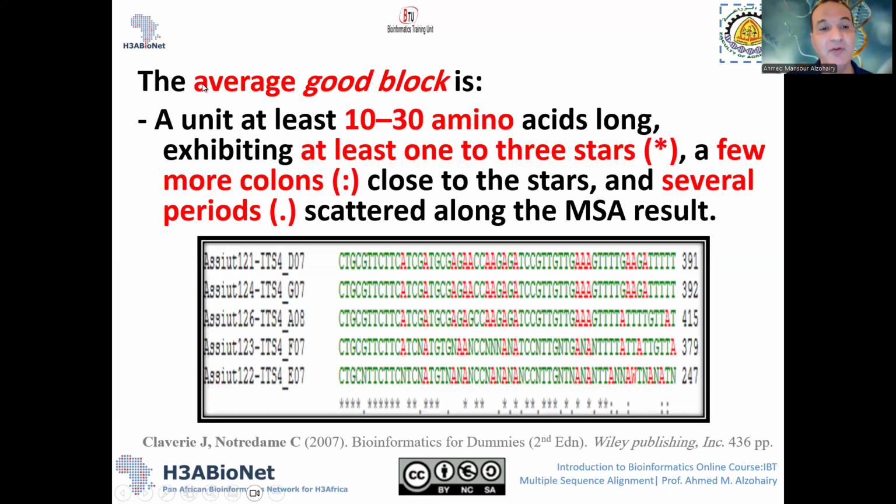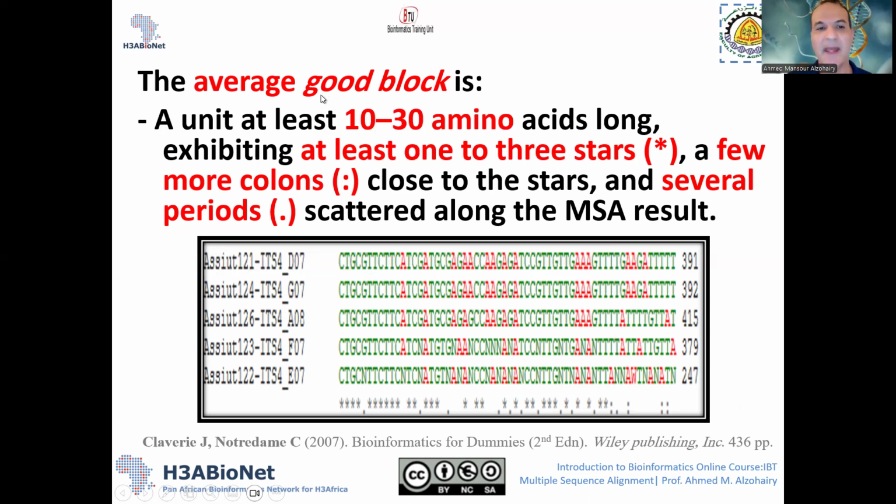Okay. If you take a look at this block of amino acids, for example, the average good block is a unit of at least 10 to 30 amino acids long. So you have something like this. It exhibits at least one, two, or three stars, like here, one, two stars, and maybe a few more colons close to the stars, and several periods scattered along the MSA result. Something like this, and maybe more or less, but that's what we call an average good block.